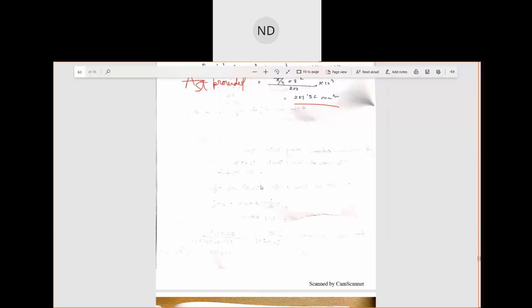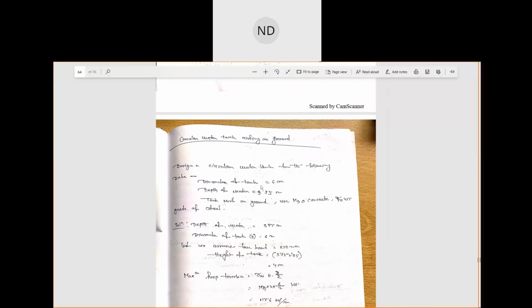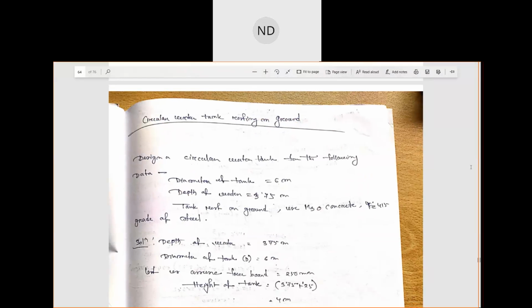So now we are going to design a circular water tank. What does the question say? Circular water tank resting on ground. Design a circular water tank for the following data. The diameter of the tank is given to be 6 meter.